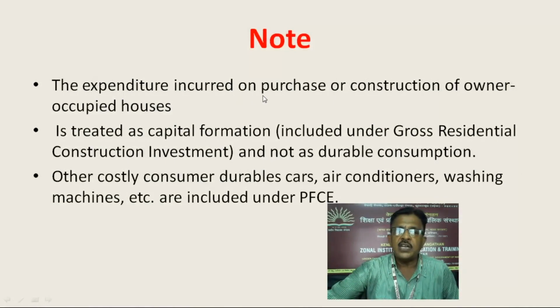The expenditure incurred on purchase or construction of owner-occupied houses is treated as capital formation, included under gross residential construction investment and not as durable consumption. Other costly consumer durables, cars, air conditioners, washing machines, etc. are included under private final consumption expenditure.